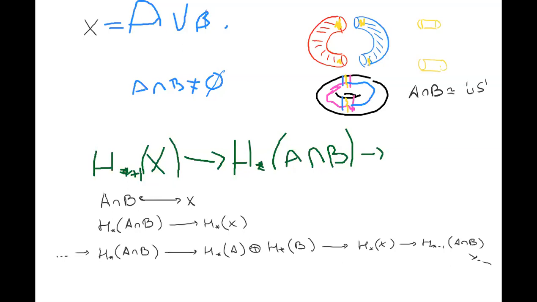It is homotopy equivalent to S1 union S1, and both of our parts are homotopy equivalent to just S1. Okay, so now we want to write down the Mayer-Vietoris sequence for this partition of X.